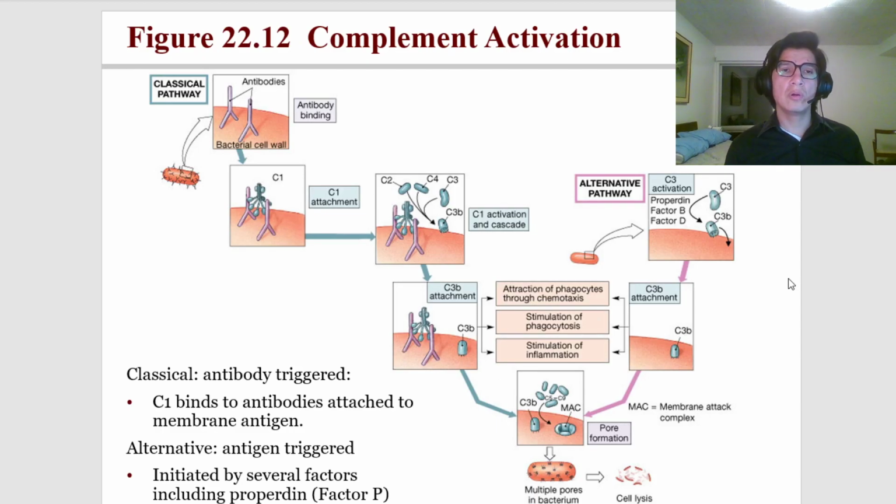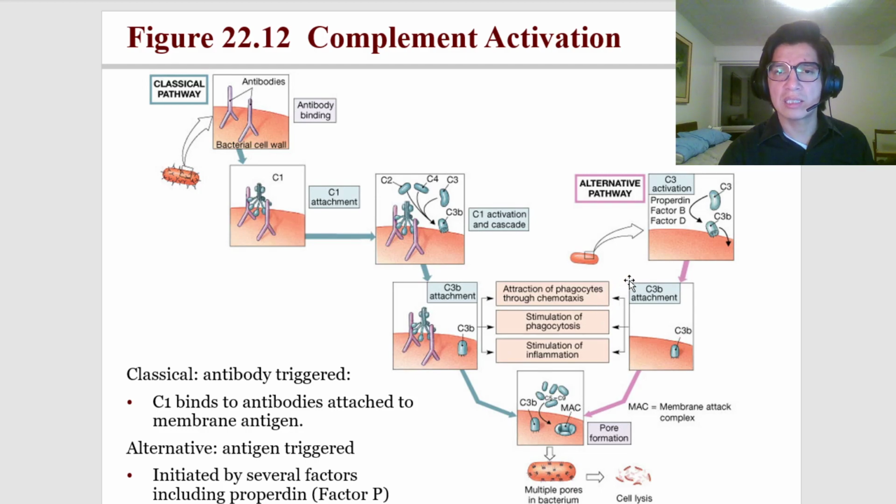This is a view of the classical and alternative pathways of the complement system. We mentioned the classical pathway. Basically, these antibodies have recognized this as foreign, as a threat. So this summons C1, which eventually activates C3 into C3b. This activated C3b has all of these functions.